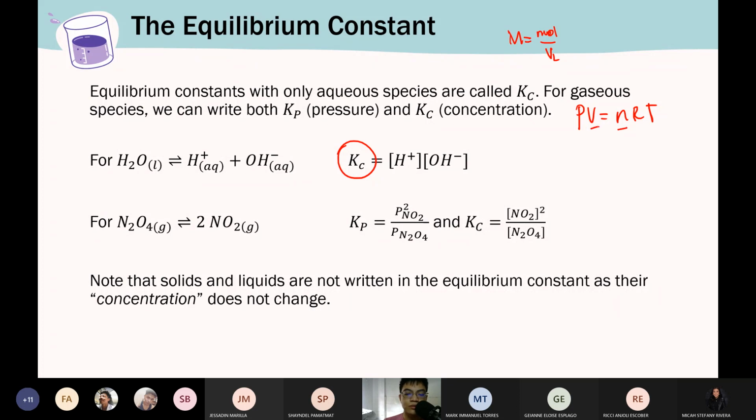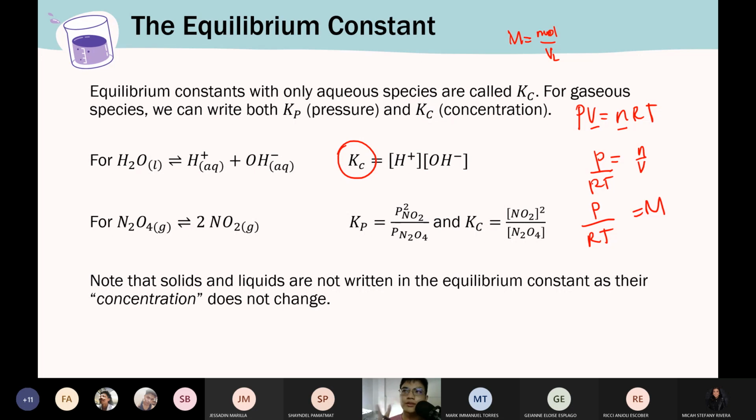You have the mole, you have the volume. So in order for you to get the molarity of the gas, that's just pressure divided by RT. Ibig sabihin, yes, it is possible to get the molarity of the gas.